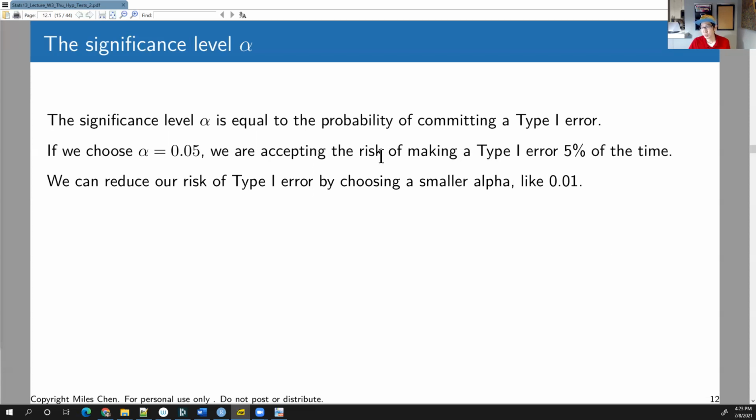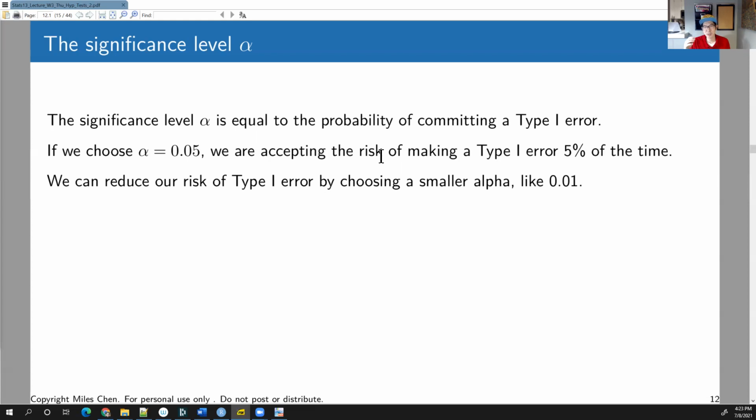You just choose a smaller alpha. Okay, you pick a smaller alpha. So you might say, well, why don't I just pick as small an alpha as possible, right? Why don't I do this? Well, if you do that, the consequence is that you are going to need a massive amount of data before you reject the null hypothesis, right? So it's the difference between becoming overly cautious to make your conclusions.